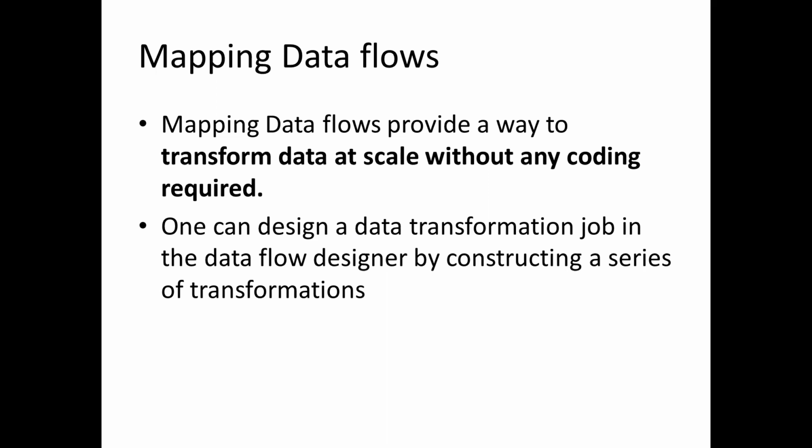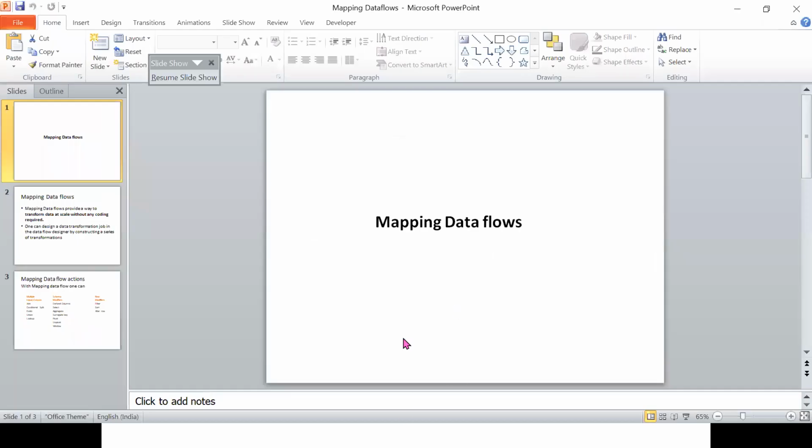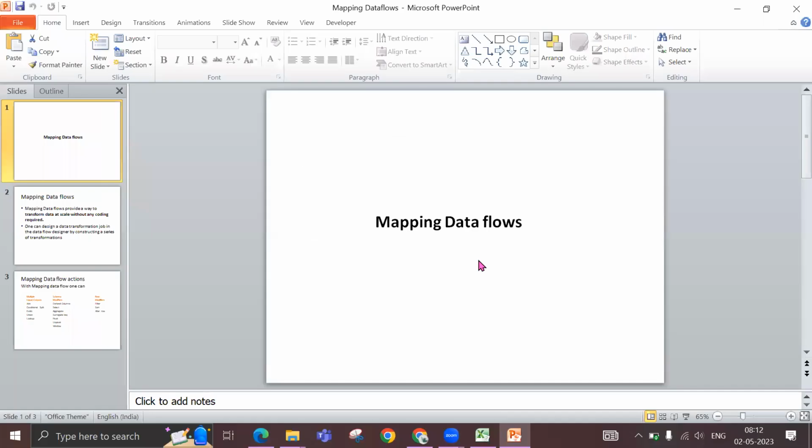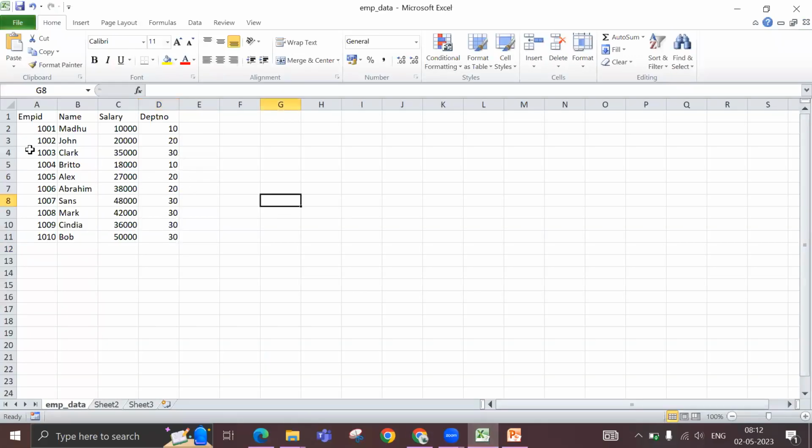Okay, so now what is a transformation? What do you call a transformation? For example, let's say that I'm getting employee data, and I'm also getting department data. Let me go back to an example. In my employee data, I have employee ID, name, salary, department number.